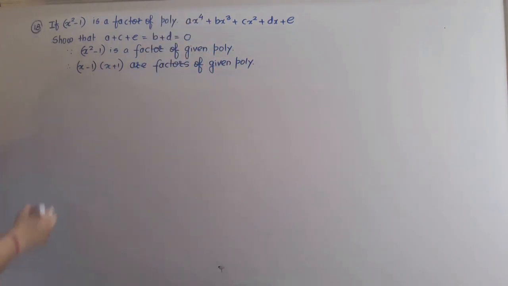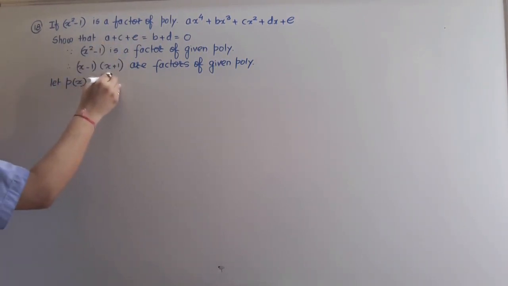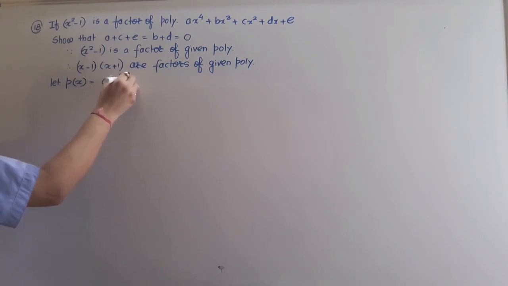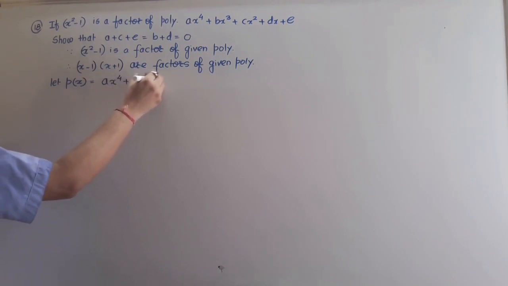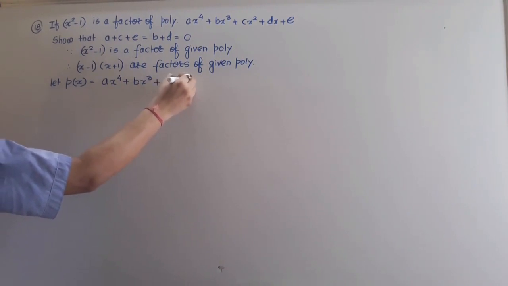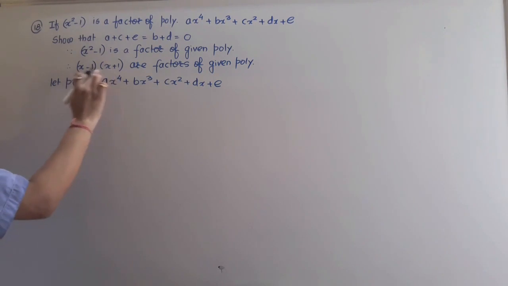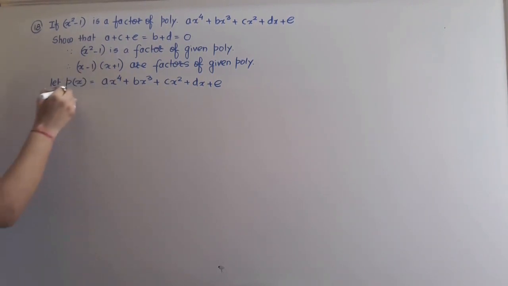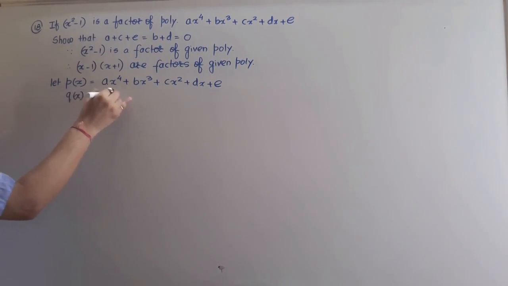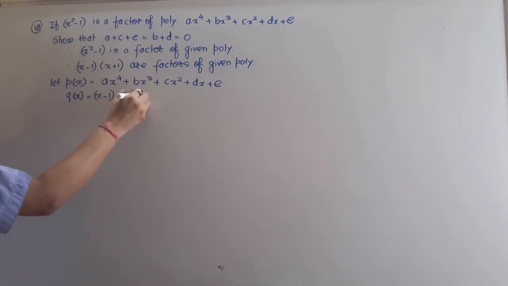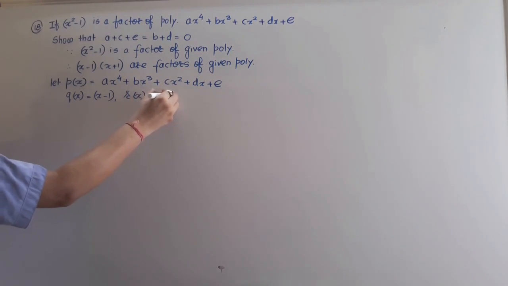Now let us suppose the value of p of x. So what is the value of p of x here? P of x means the dividend. The dividend is mentioned separately, ax to the power 4 plus bx cube plus cx square plus dx plus e, and these two are my separate divisors, that I will suppose as q of x is equal to x minus 1 and r of x is equal to x plus 1.